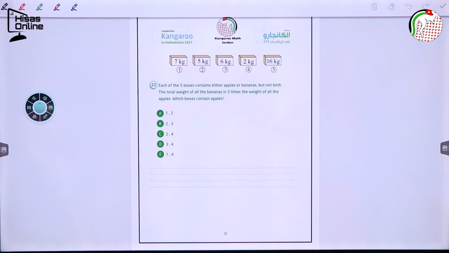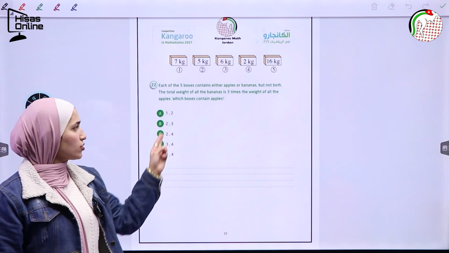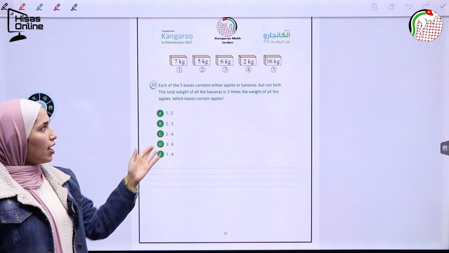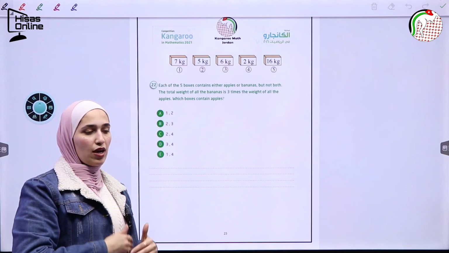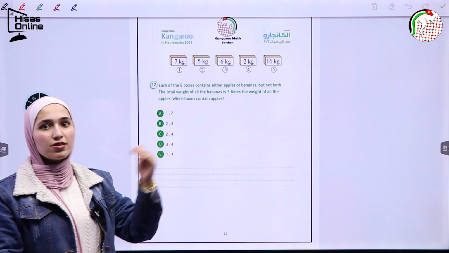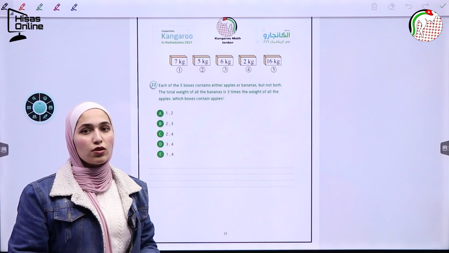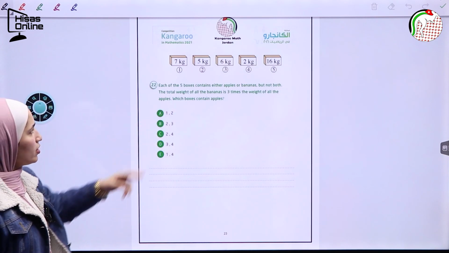Which boxes contain apples? So here, students, you should try to add the boxes that they told you about, 1 and 2. And you should find the sum of the other 3 boxes. If the sum of the other 3 boxes is triple the sum of these 2 boxes, then this is the correct answer.